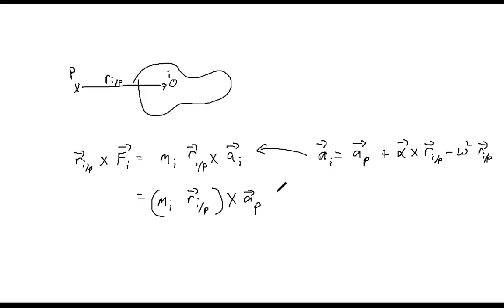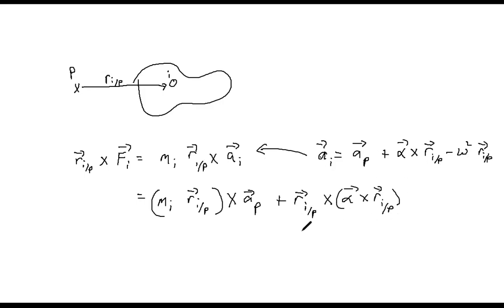And then I'm going to have plus R_I relative to P cross the quantity alpha cross R_I relative to P. The centripetal term gives 0, because I have the relative vector of R_I relative to P crossed with itself.